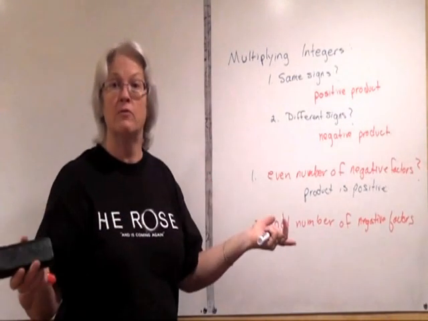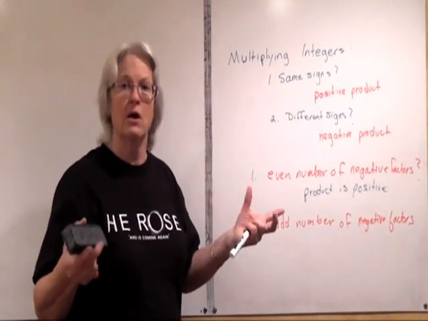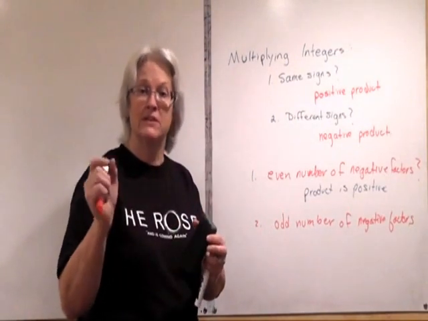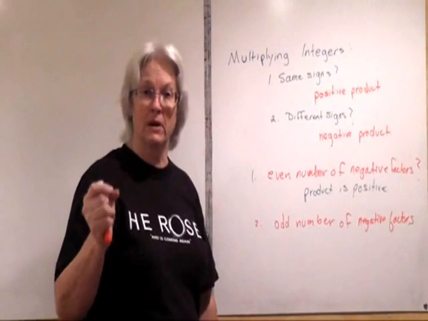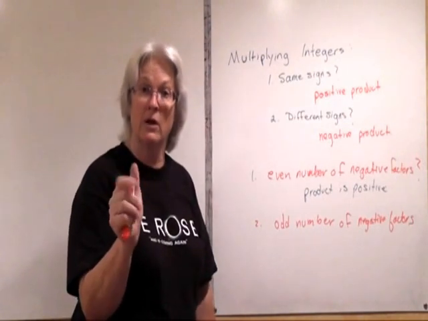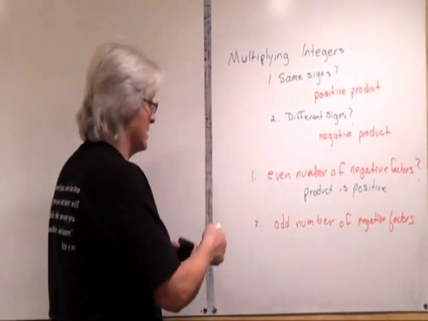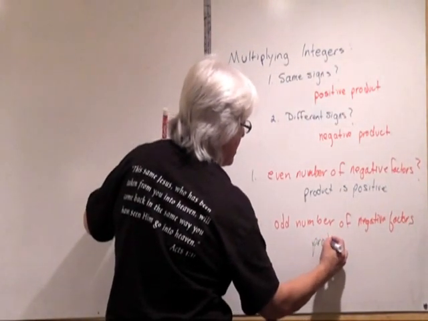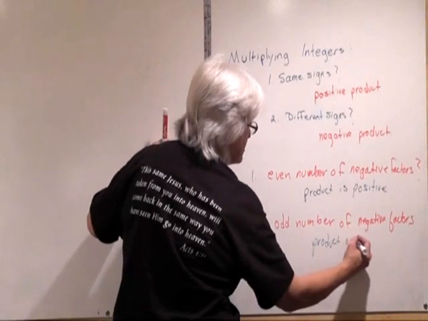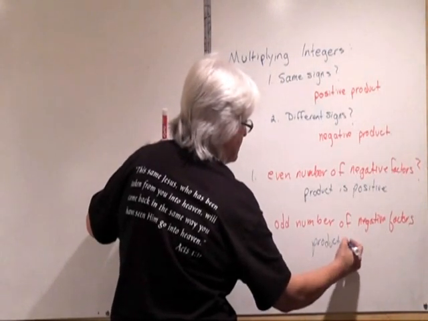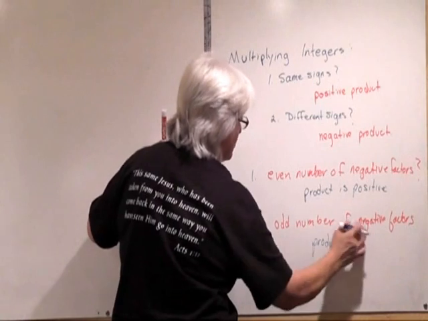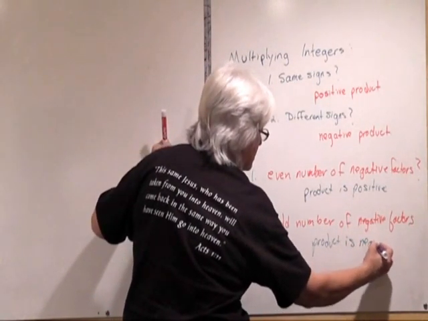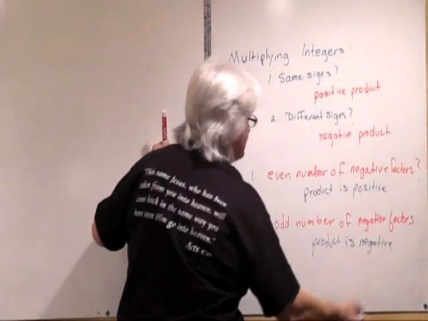If you have 15 negative factors, 14 of those are going to pair up into groups of 2, so that you'll have 7 pairs which become positive when they multiply together, but you have that one leftover negative sign, so when you have an odd number of negative factors, the product is negative.